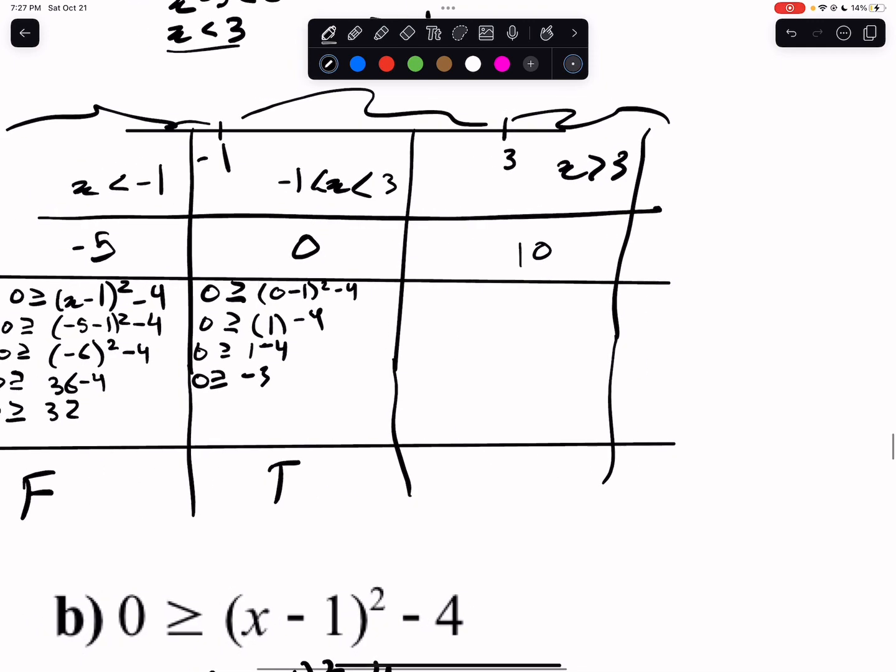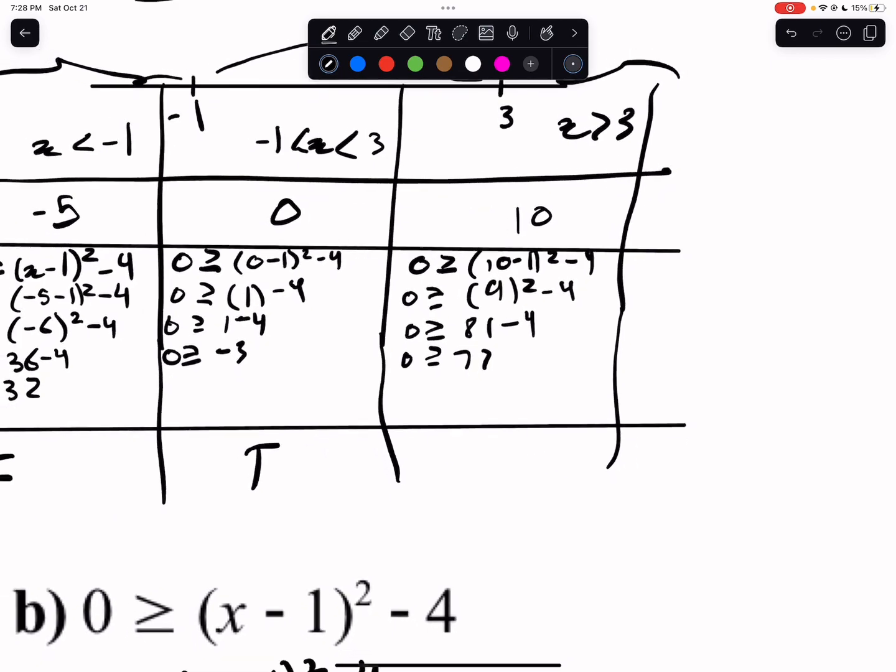And last but not least, we have the value where x is greater than 3. We chose 10 for this. So (10 minus 1) squared minus 4. What is 10 minus 1? 9, minus 4. 9 times 9 is 81, and 81 minus 4 is 77.